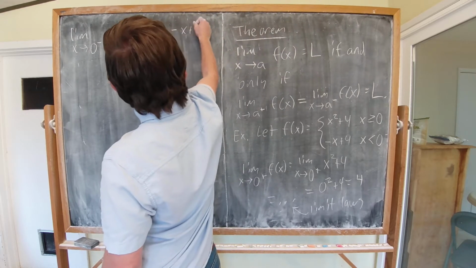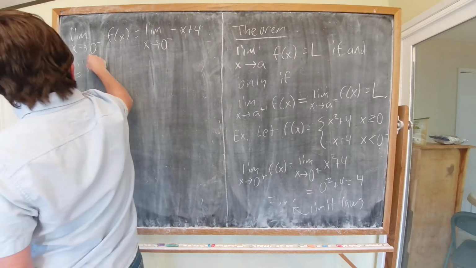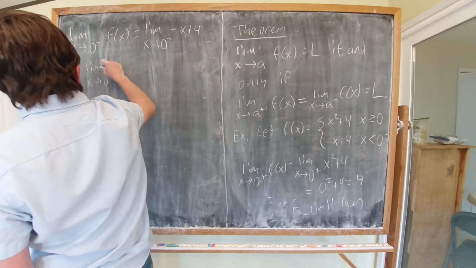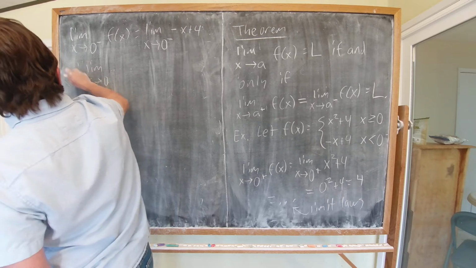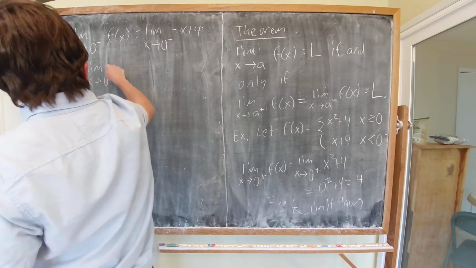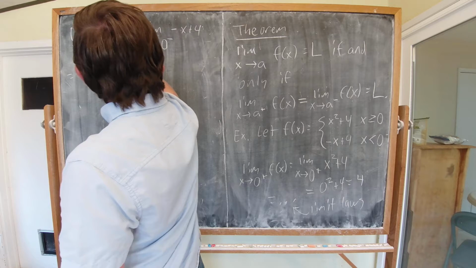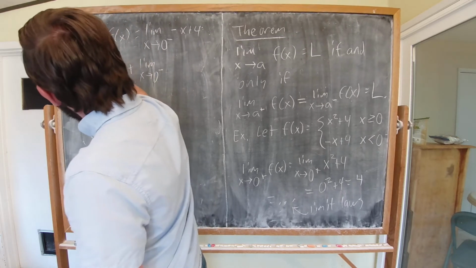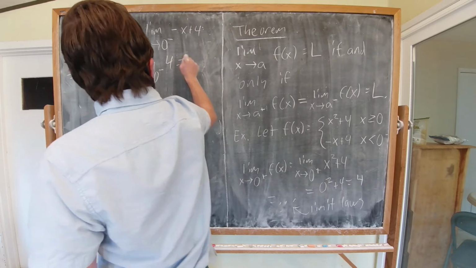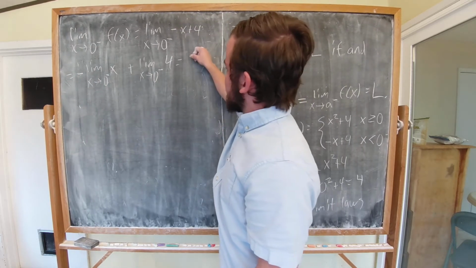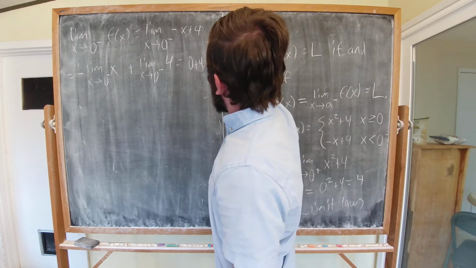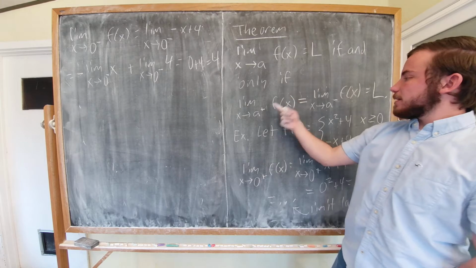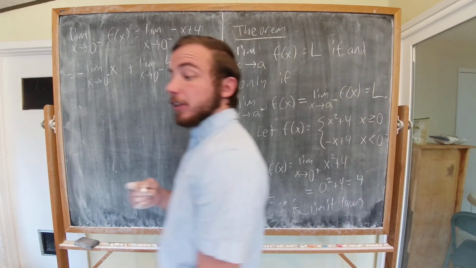Negative x plus 4, which is the limit as x approaches 0 of negative x, which is the same as negative limit as x approaches 0 of x, plus limit as x approaches 0 from the left of 4, which is 0 plus 4. 4 again. So both limits exist, and they're equal. Specifically, they're equal to 4.